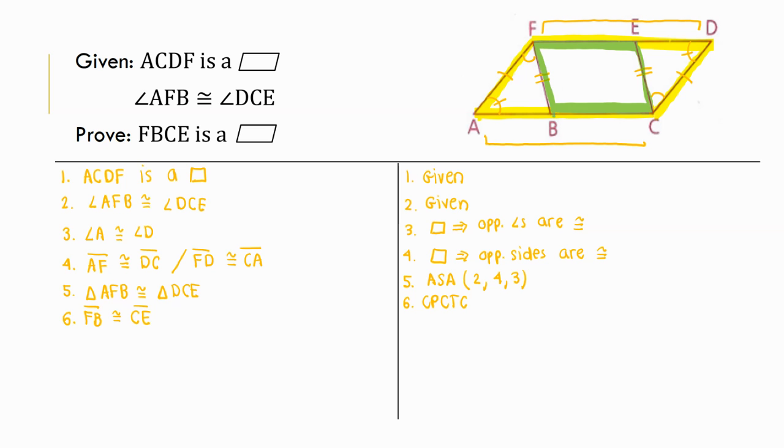And because we had a parallelogram, we know that those are congruent. Okay, I'm also going to say with CPCTC, notice that my side AB would be congruent to the side DE because the triangles are congruent, so any other pieces are congruent.